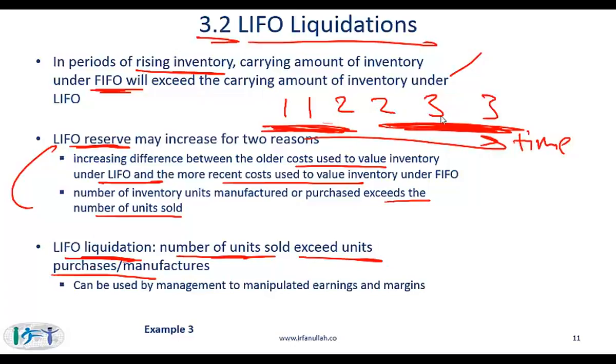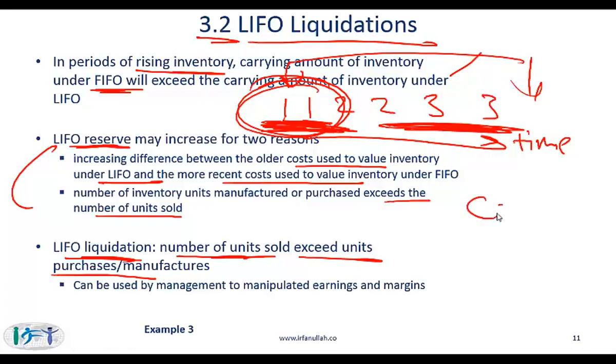That means that a company is dipping into these older layers, and a company might be selling over here, but now the COGS is indicating that you are selling inventory that is only worth $1. So this is called LIFO liquidation, where you are dipping into old cost or low cost inventory.